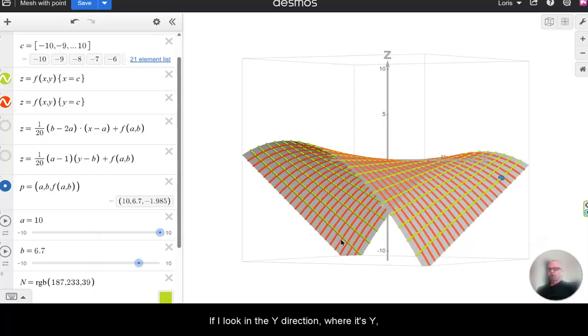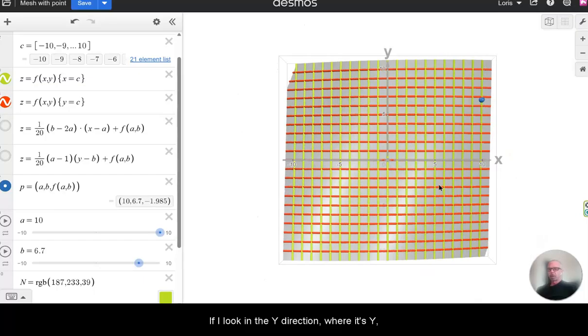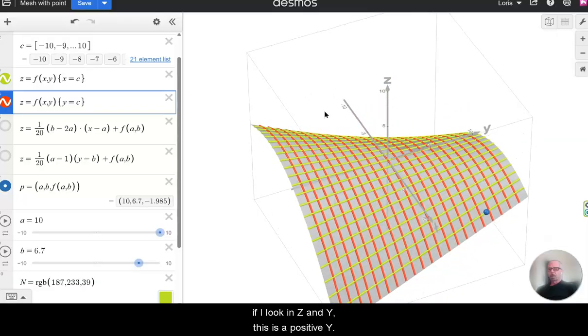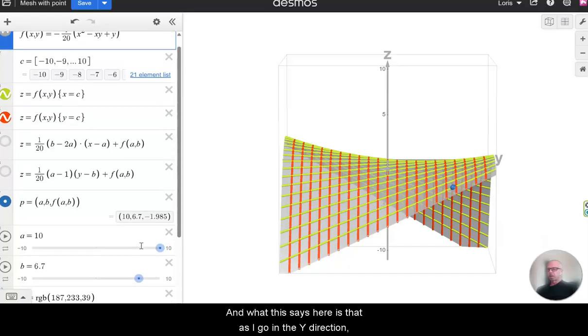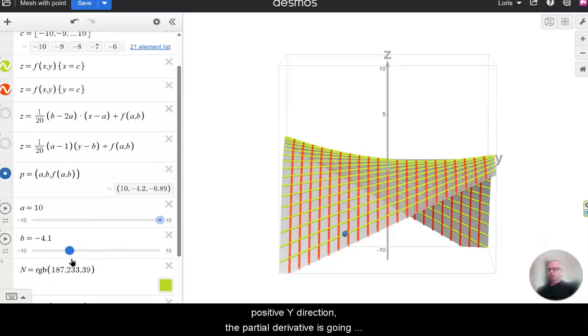If I look in z and y, this is positive y, then what this says is that as I go in the positive y direction, the partial derivative is going to be positive.